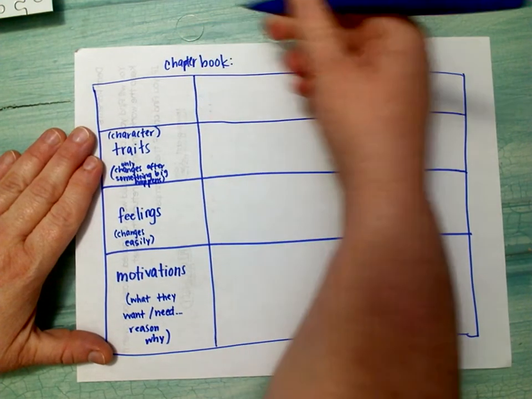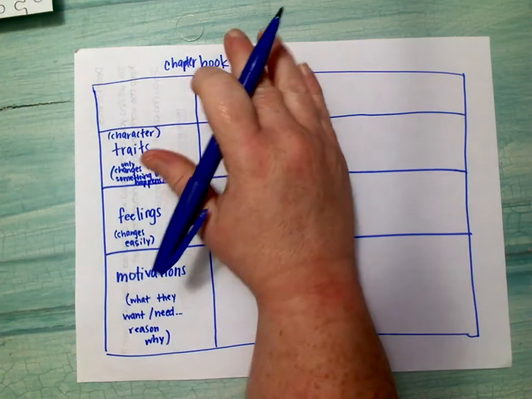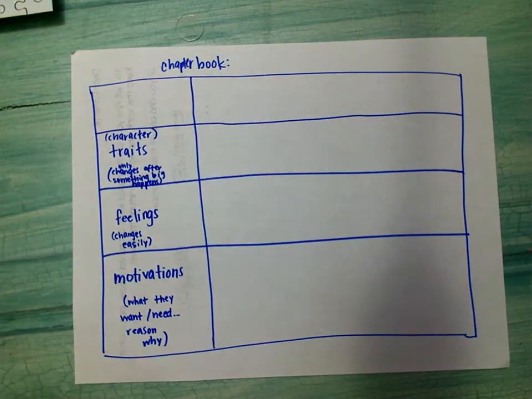You're going to put the title of your chapter book. At the end of this video, we'll talk a little bit about where you can get a chapter book if you don't have one. There are a couple on Mac and Via, but there are some other areas you can get a chapter book. We'll talk about that at the end of the video.